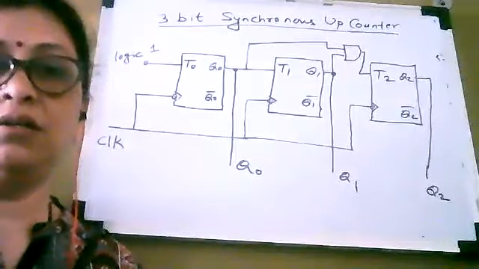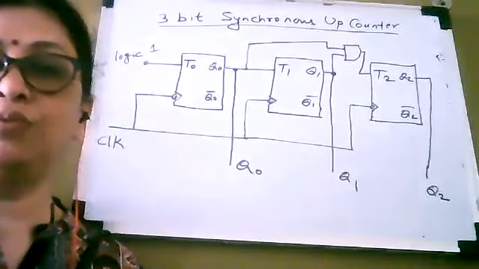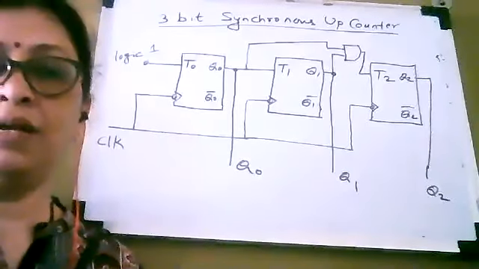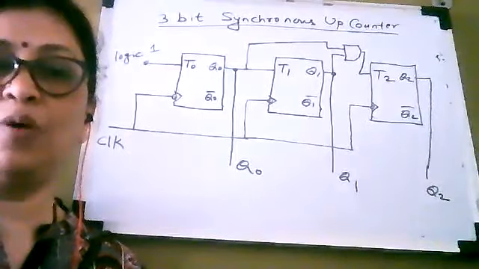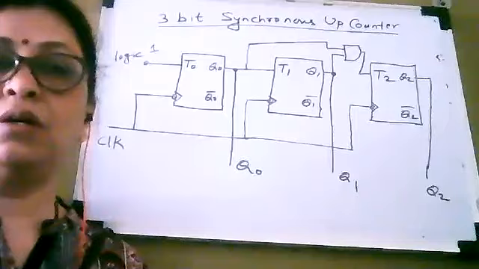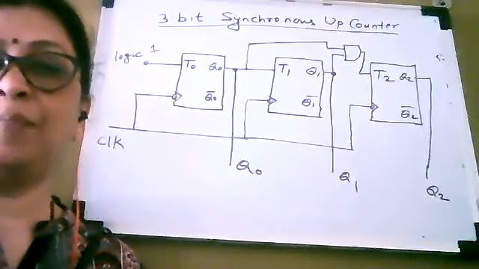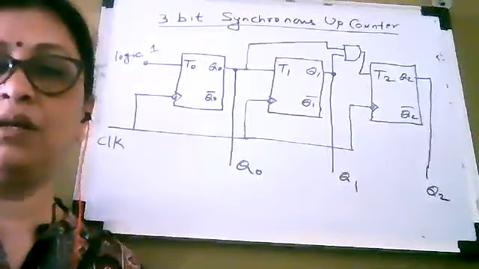The output of the first flip-flop is given as input to the second flip-flop, and the outputs of the first and second flip-flops are given as input to an AND gate, whose output is applied as input to the third flip-flop.